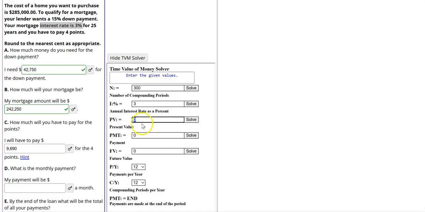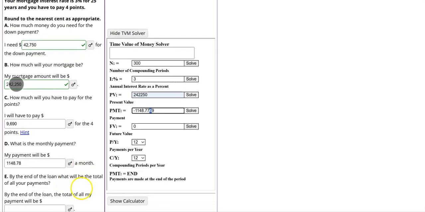Present value is the loan amount, which is also called the mortgage, 242,250. PMT is what I'm solving for. P/Y and C/Y are monthly, 12, that's good. So solve for PMT. You get 1148.78. Remember that it says round to the nearest cent, so 77 cents becomes 78 because of this 6 here. So that's what the monthly payment is going to be.